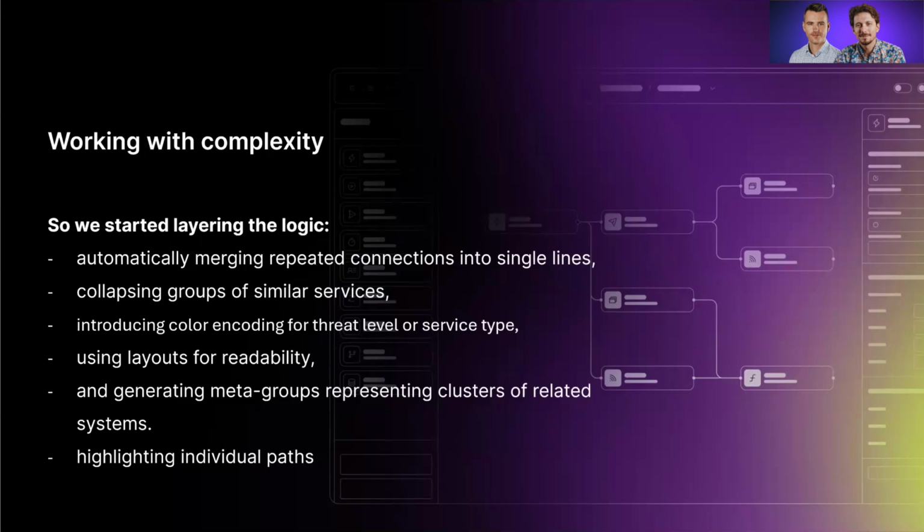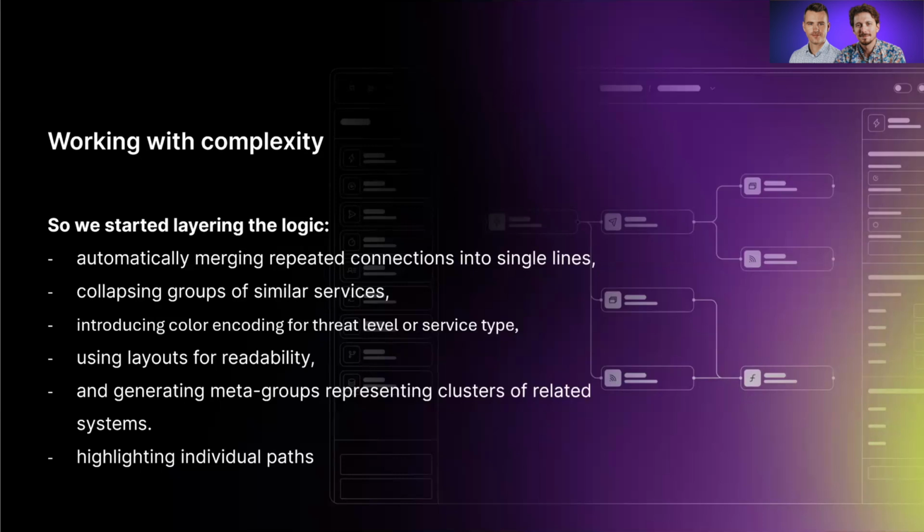Then we could collapse those groups. We wanted to find out what auto layout we should use to position those objects in a way that it is possible to render it in Canvas in the browser, and how to deal with this number of edges, because those edges were the biggest challenge.